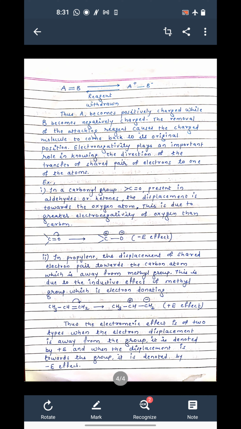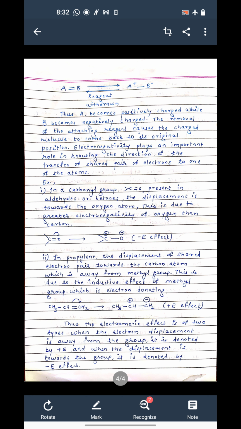But in the second case, CH3-CH=CH2, the CH3 group is an electron donating group, and therefore the electrons are pushed away from that CH3 group, and CH2 becomes unit negative charge, and CH unit positive charge. Such a type of effect, when the group or atom present is electron donating, is called a plus E effect.